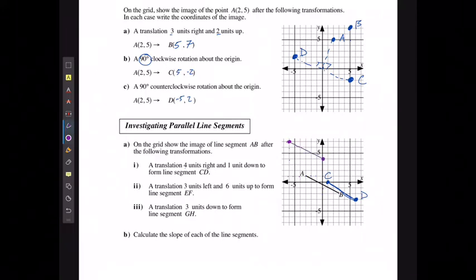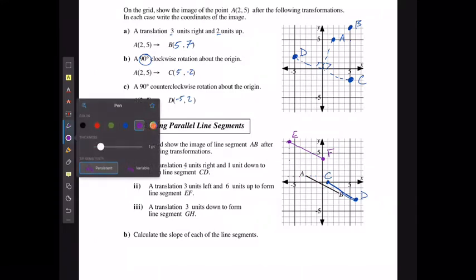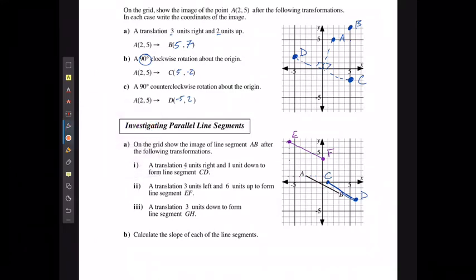And then connect those 2 points, and I'm going to call that EF. For the last one, it wants us to just do 3 units down. So I'm going to do A 3 units down, B 3 units down, and connect them. And that's going to be GH.